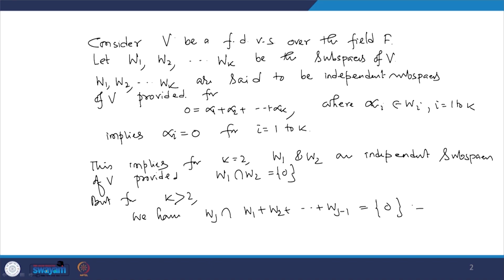So, it is not simply that W1 intersection W2 intersection Wk equal to a 0 subspace.